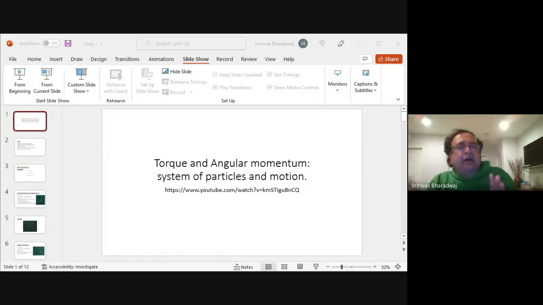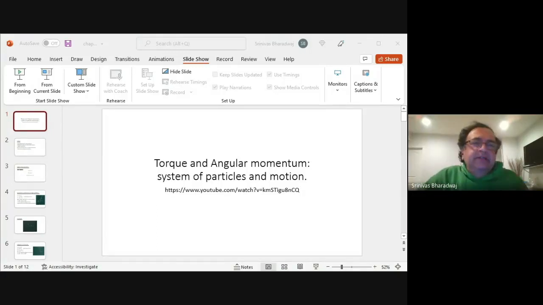Torque is r cross F. It is the moment of a force. Moment of anything is r cross that something. So angular momentum is the moment of the linear momentum, r cross mv. So torque is r cross F.